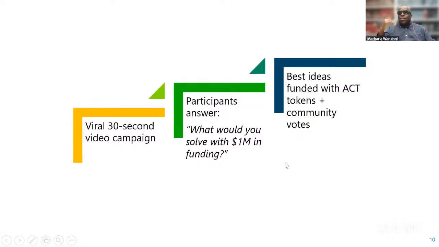And that vision, in order for it to become a reality, you have to express it in one short video. That's why social media is so powerful: people are expressing visions in a very short, brief statement. If you don't know how to create a short video, it needs a basic hook: this is what I can do with $1 million. I could build a whole clinic in a village.